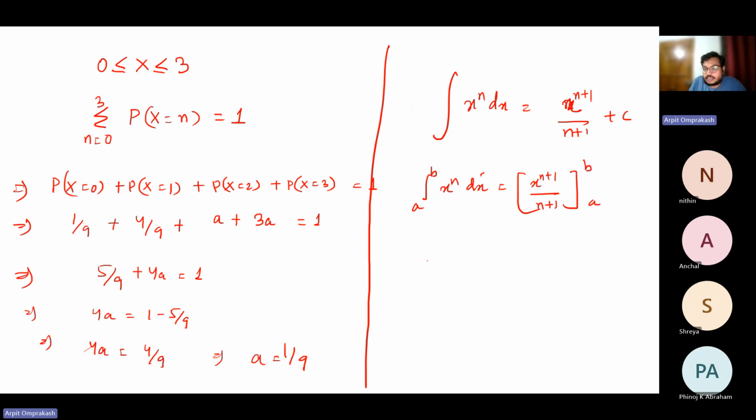So this expands to b raised to the power n plus 1 divided by n plus 1. You substitute the value of b in x here, and then you subtract a raised to n plus 1 divided by n plus 1, substituting the value of a here.